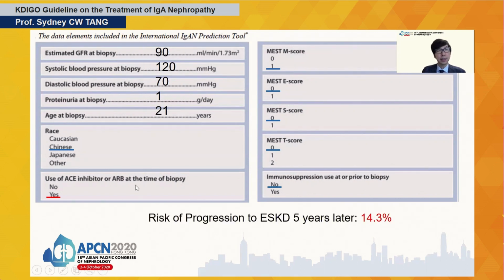The answer is an increase to 14%. And I think this is sensible because for a patient who is already receiving a RAS blocker and has this degree of proteinuria, the risk of progression in 5 years' time will actually be higher than a patient who is otherwise not receiving a RAS blocker.